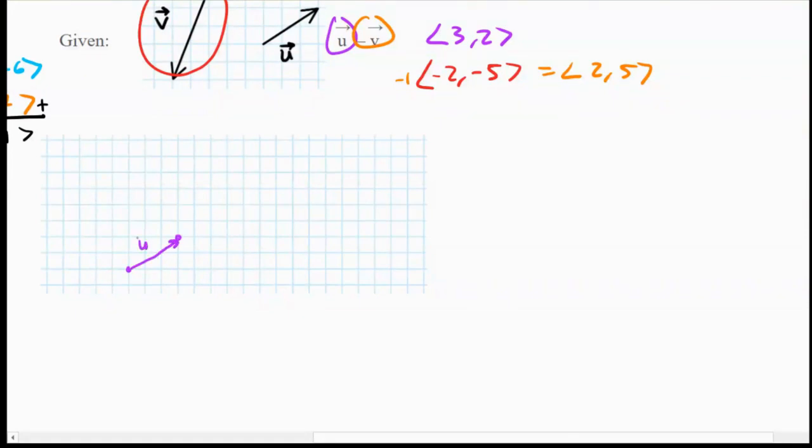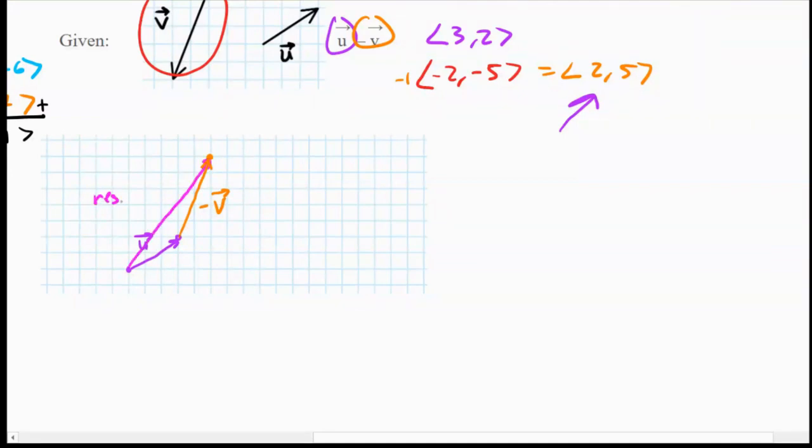That's vector u. And then I'm going to draw vector -v, which is not -2, -5, but it is 2 and +5. 1, 2, 3, 4, 5. Oops, that's not orange. And that's vector -v, and then my resultant here in pink.